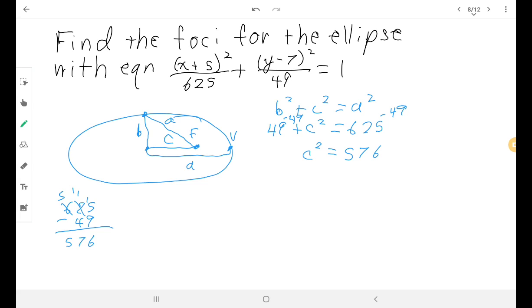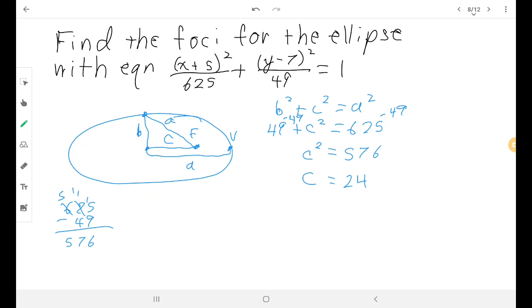And I'm going to do that by turning my calculator sideways, and that'll give me a square root button because it'll become a scientific calculator. And it turns out that the square root of 576 is 24.